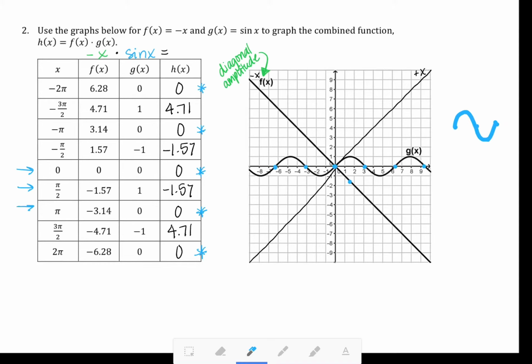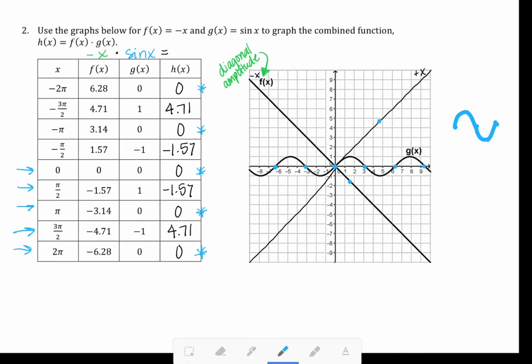Okay, pi is back on our midline. 3 pi over 2, which used to be an amplitude of just negative 1, is now an amplitude on the line negative x, but a negative and a negative make positive, so we're up here at positive 4.71. So again, we're extending up to the amplitude, but our amplitude is now that diagonal line. Then we come back to 0.